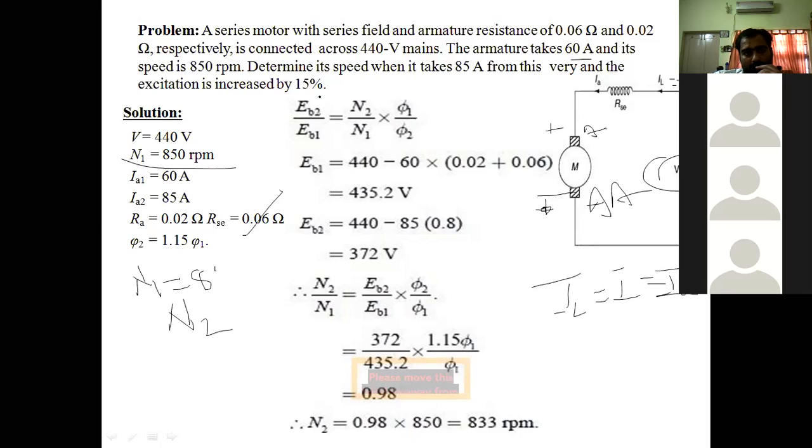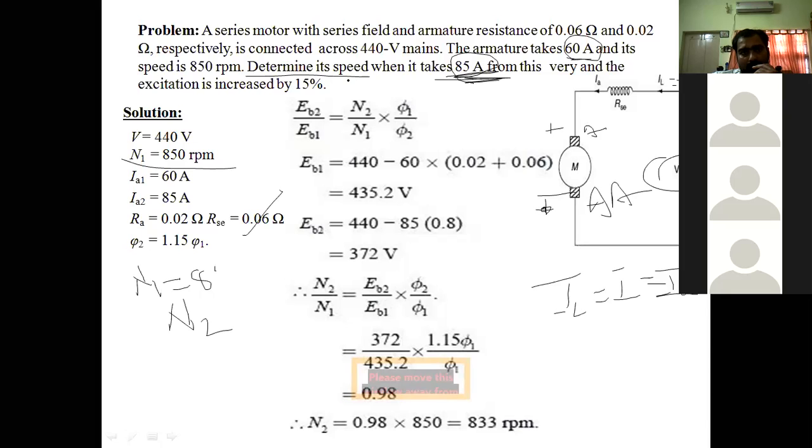He has asked, determine the speed when it takes 85 amperes. Before, at the current value of 60 amperes, the speed is about 850 RPM. But he is asking, when the current increases to 85 amperes, how much the speed is going to be.